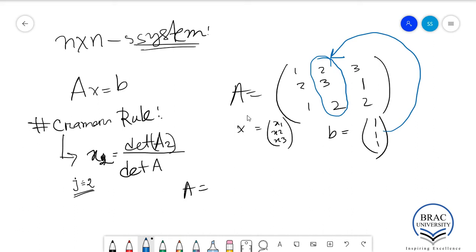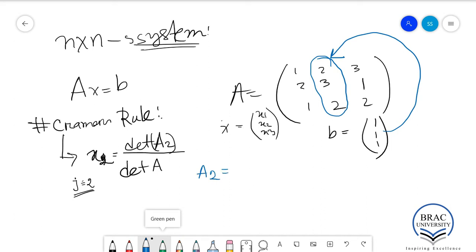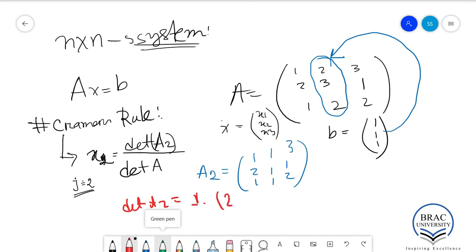That's it. So if I replace that and denote it with A2, our A2 is 1 2 1, 1 1 1, 3 1 2. And if I want to calculate the determinant of A2, it equals 1 times 2 minus 1, minus 1 times 4 minus 1, and the last part is 3 times 2 minus 1.